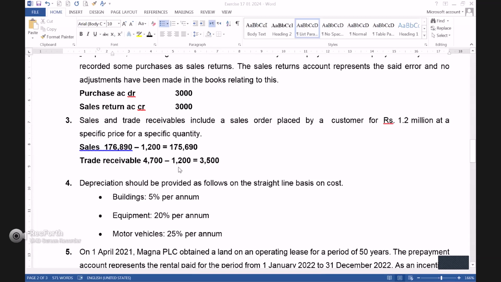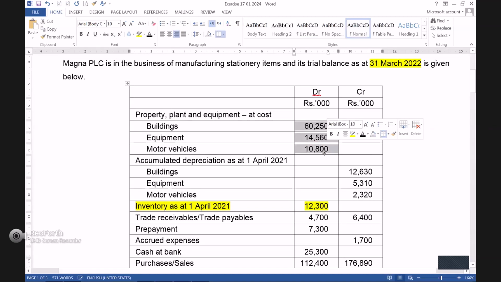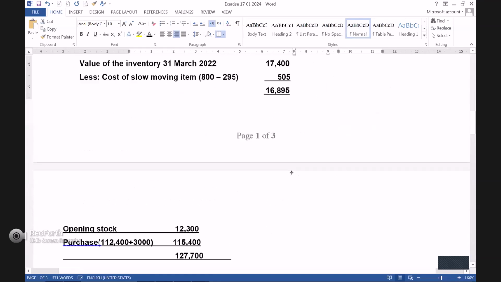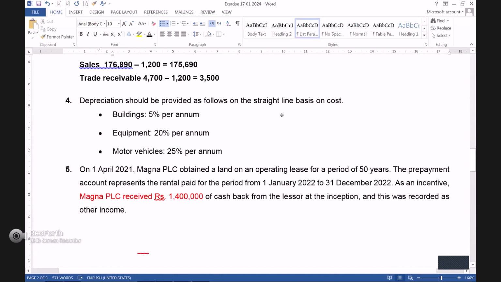Okay, what about the building, equipment and motor vehicle? We will see the building first. What is the cost? This is straight line, no? With straight line, we can easily find the depreciation. Building: 60,250 into 5%. What is the amount?